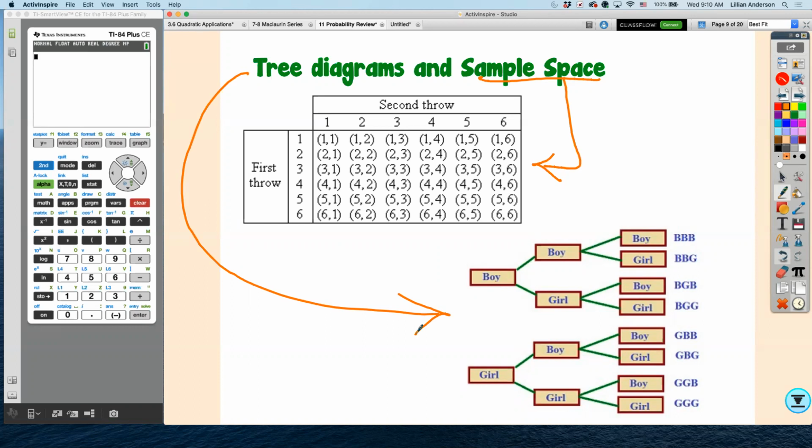So you definitely want to make sure that you know how to work with tree diagrams. Of course, it always starts out with some central point, and then it branches off. Your different probabilities are always along your branches, and your branches always add up to equal 1. Okay?